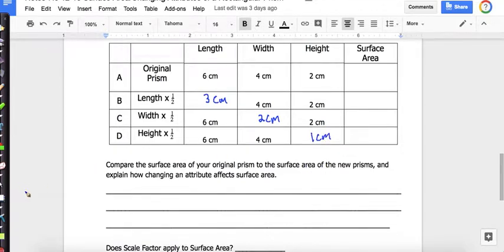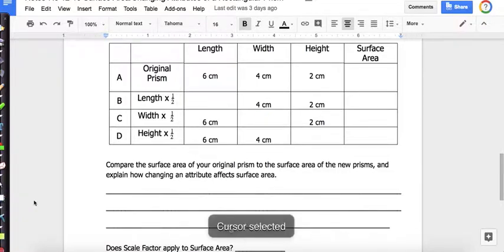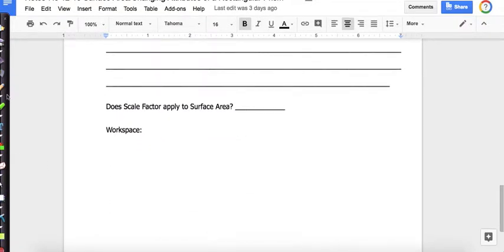All right, so now let's go down below, and we're going to just calculate the surface area, because these are different numbers. We're going to just calculate the surface area of prism A. And if you would like to pause the video to see if you know how to calculate surface area, then go ahead and pause the video after I write the formula.